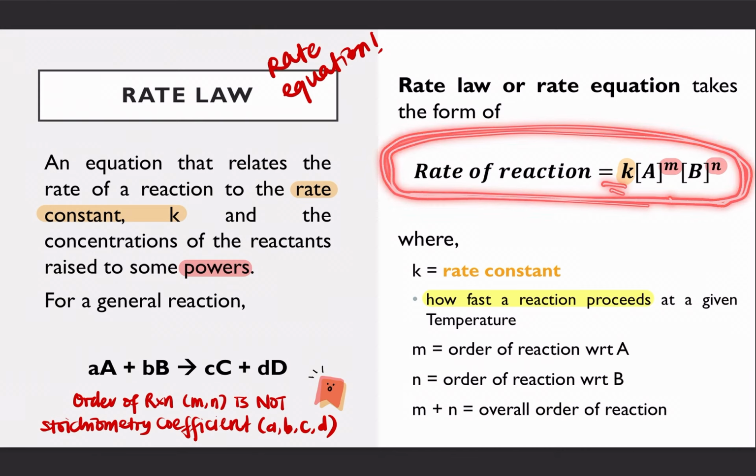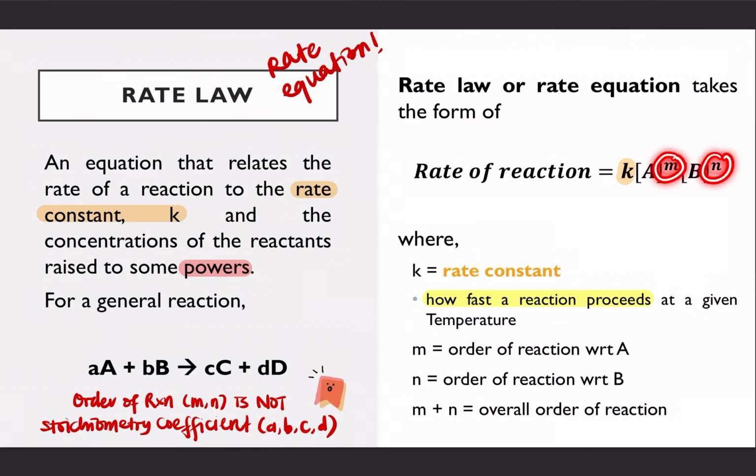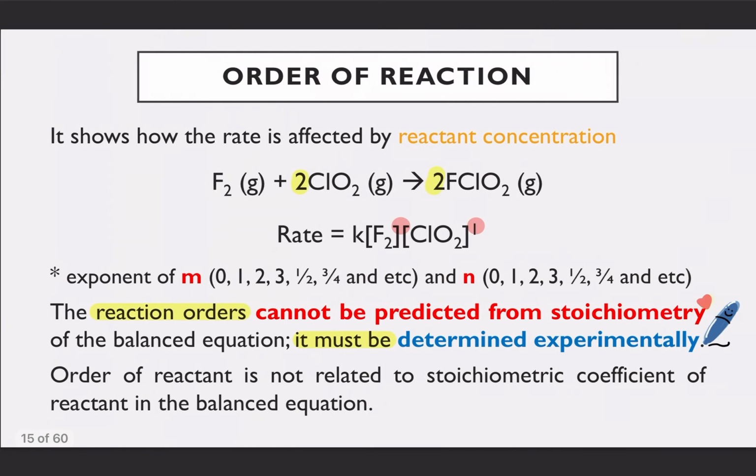Okay, you have K, and m and n does not equal the stoichiometry coefficient small letter a and small letter b. Okay, so note here, important, order of reaction is not your stoichiometry coefficient. Okay, how do you determine your order of reaction? We will look at the next slide.